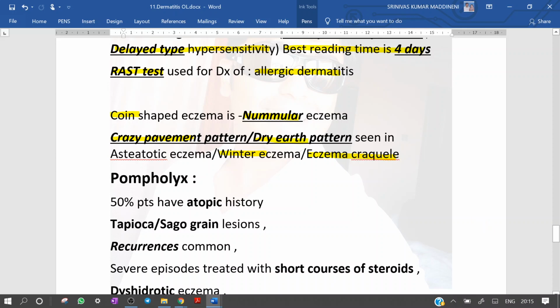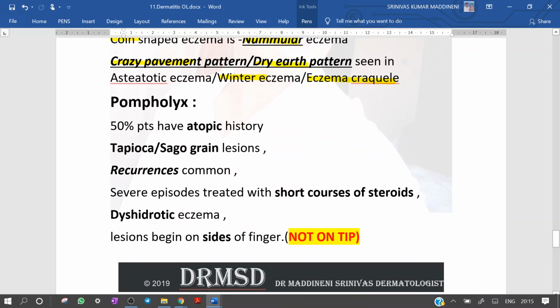Commonly seen in old adults. In pompholyx, 50% of the patients have atopic history. There will be tapioca or sago grain like lesions on the sides of the finger. It's also called dyshidrotic eczema. Recurrences are very common in this condition. This is associated with severe itching.